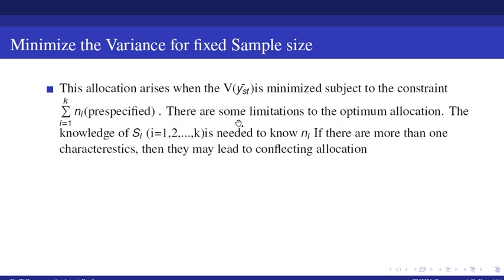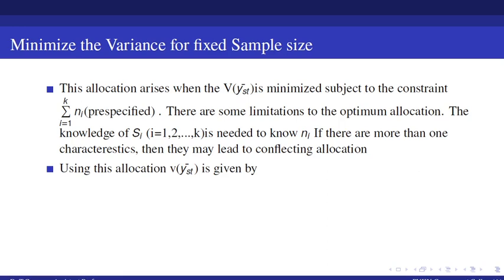There are some limitations to the optimum allocation. The knowledge of Si is needed. With the fixed sample size, we need to minimize the variation in the strata, variation in the total process. It is needed to know Si. If there is more than one characteristic, then they may lead to conflicting allocations.